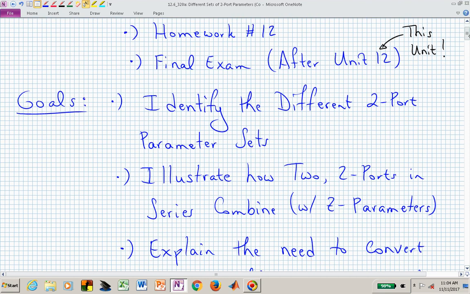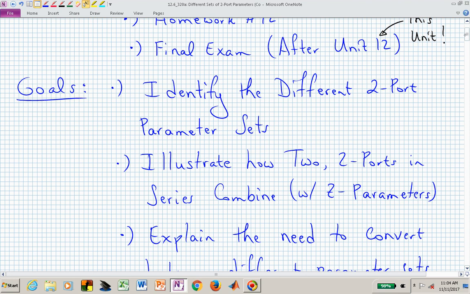In this particular video, I have a few things that I want to examine, sort of step back. We've already looked at identifying two-port parameters, finding Z parameters for different circuits. We've looked at how you might then analyze a circuit in a terminated two-port scenario.